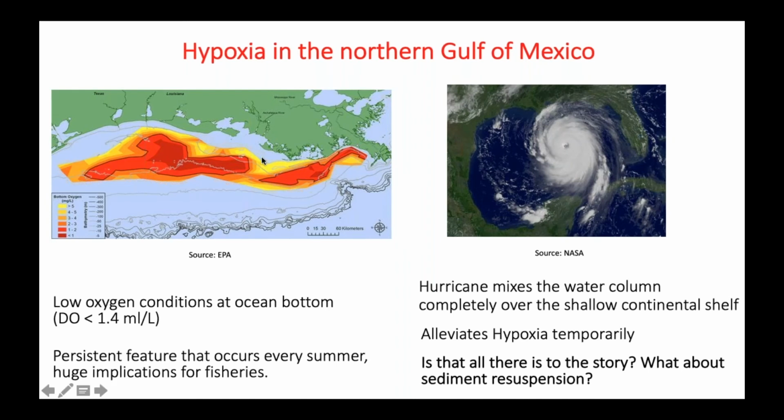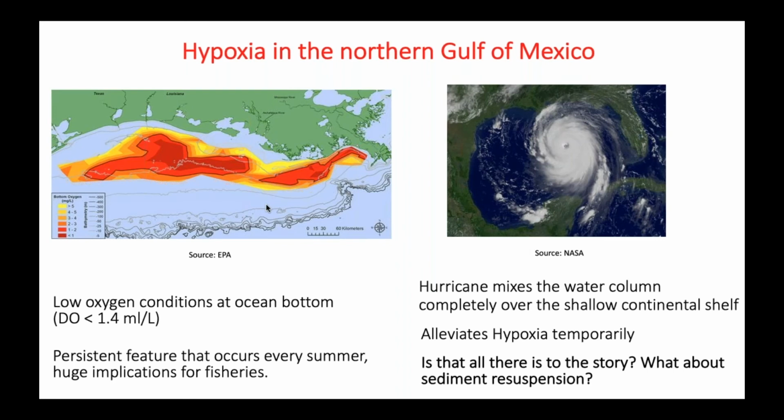So this develops nearly every summer. This is a persistent feature, and it mainly results from several factors. One is the seasonal increase in stratification that happens every summer, and also the nutrient loading from the Mississippi Atchafalaya river system.